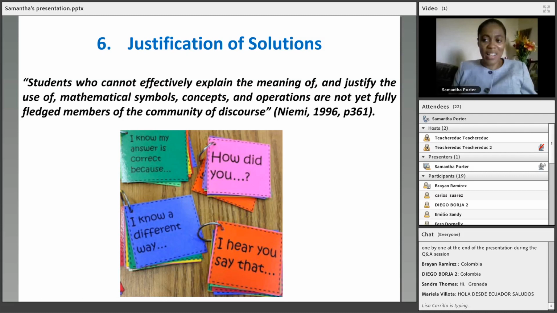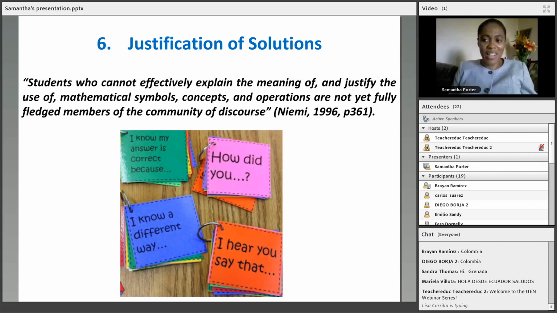Another step, we should allow students to justify their solutions within the classroom. Students who cannot effectively explain the meaning of and justify the use of mathematical symbols, concepts, and operations are not yet fully fledged members of the community of discourse.